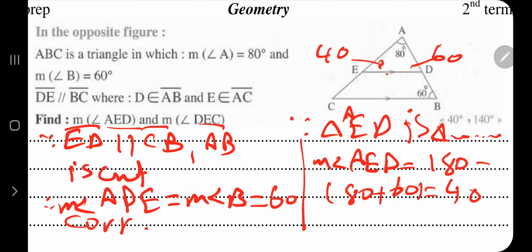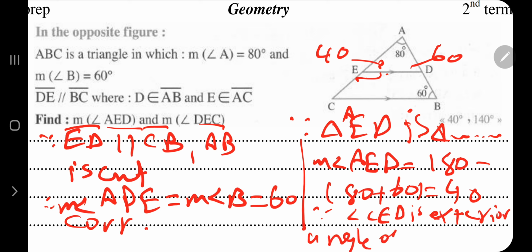Since angle CED is an exterior angle of triangle ADE, then the measure of this angle equals 80 plus 60 equals 140.